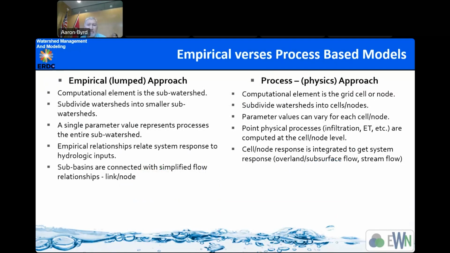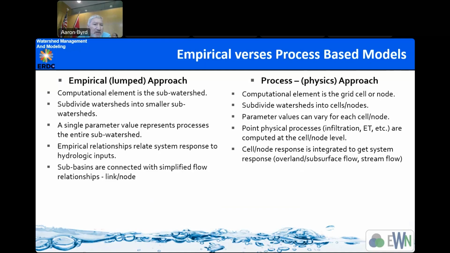So some of the characteristics of the different approaches. In the empirical lumped approach, the computational element is your sub-watershed. So when you've got your big watershed and you chop it up into 5 sub-watersheds or 1,000, each one of those is your computational element. That's where you're going to do your work.